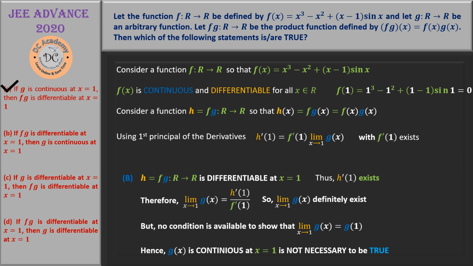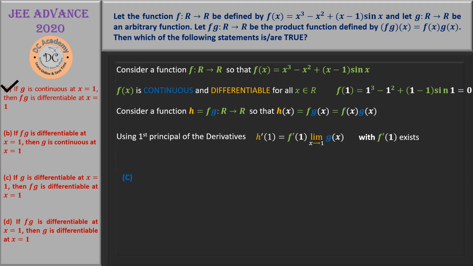Let's go ahead to option C now. Option C says g(x) is differentiable. It is given that g(x) is differentiable, and we saw that differentiability implies continuity. So g(x) is definitely continuous at x equal to 1.